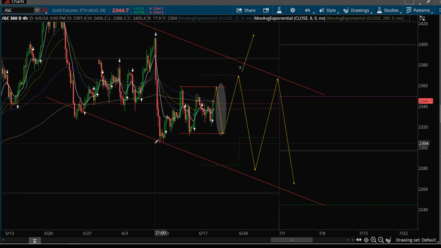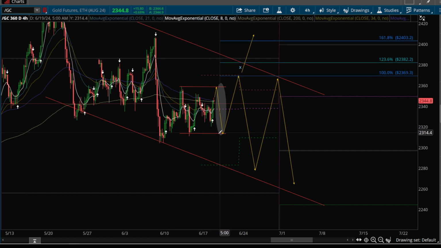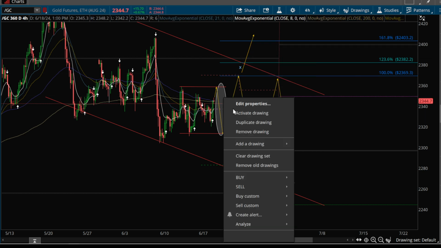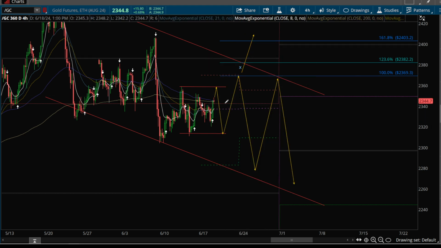So, you measure this to the bottom of this, and maybe we get an impulsive move to the 1618. If you want to buy the bottom of this complete flat, you could do that as well. If you want to sell this, you could sell that. So that's how I would play gold.